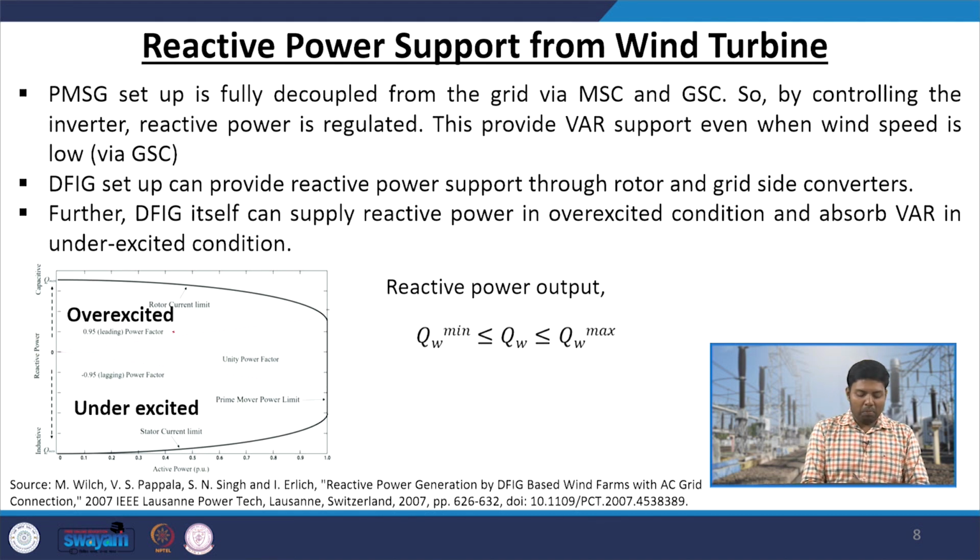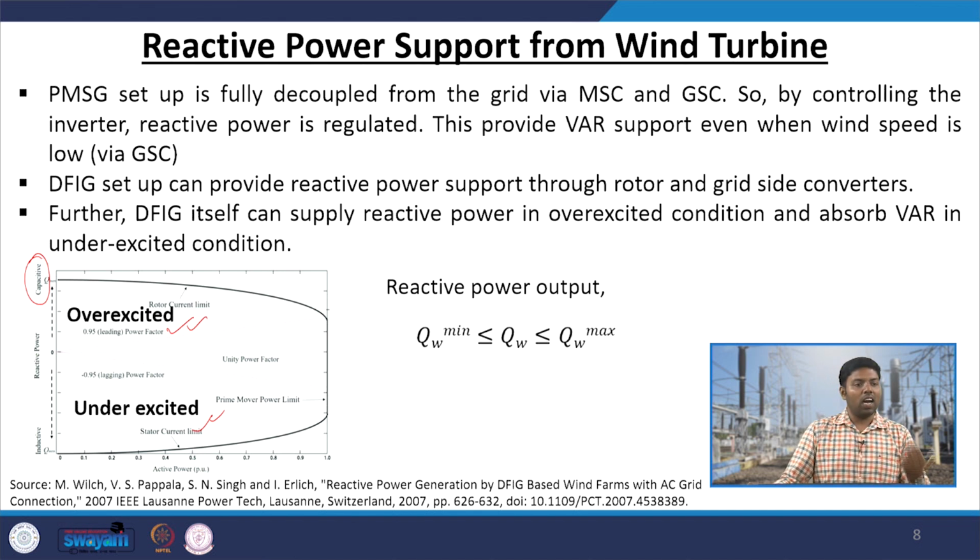And that is done by controlling the excitation of the system or the machine. If your DFIG system is over excited, at that time it can operate as a capacitive element and can supply reactive power to the grid.